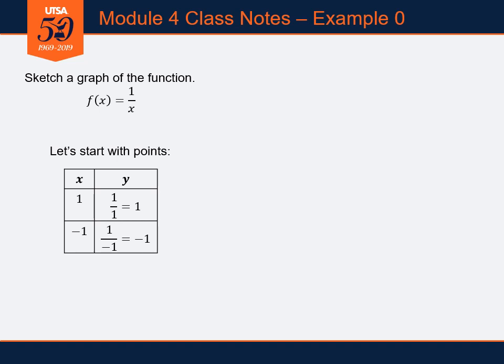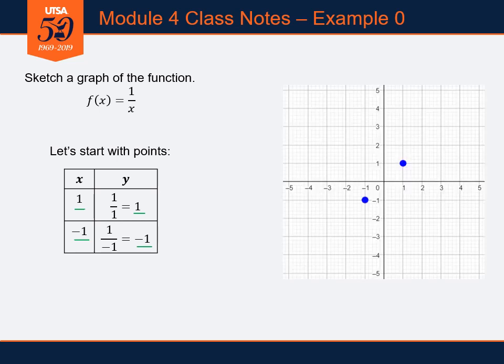When we plug in 1 for x, then the y value would be 1 over 1, which is 1. Or if we plug in -1 for x, then the y value would be 1 over -1, which is -1. So we've got the points (1, 1) and (-1, -1). Let's just throw those up on a sketch of the graph. We need more work from there.